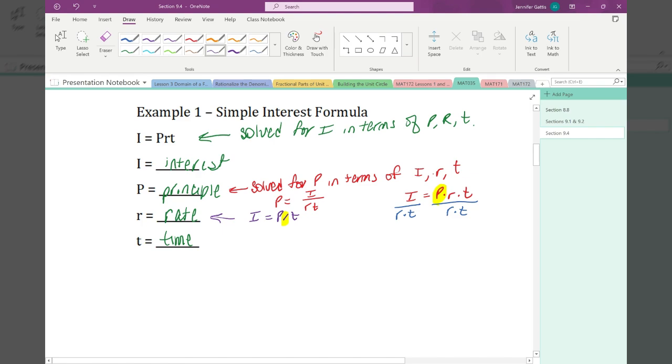So I'm going to divide both sides by P and T, which gives us R is equal to I over P times T. Okay, and we can do something similar with time. I'm not going to spend a whole lot of time doing that because it's just the same thing. We're just isolating that variable.